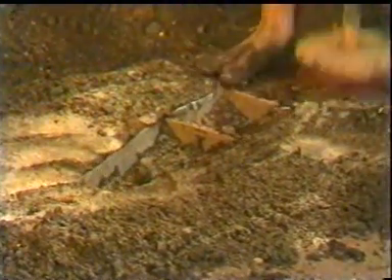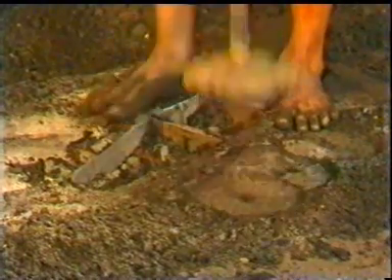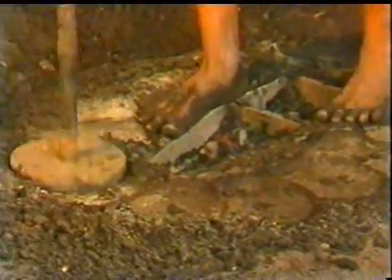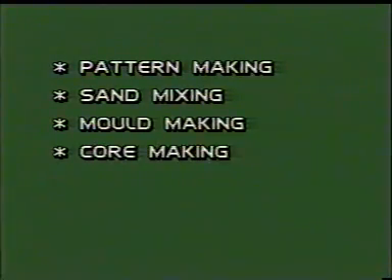In this program, we will discuss only the sand casting process. In sand casting, the various steps are pattern making, sand mixing, mold making, core making, metal melting and pouring, fettling and inspection.